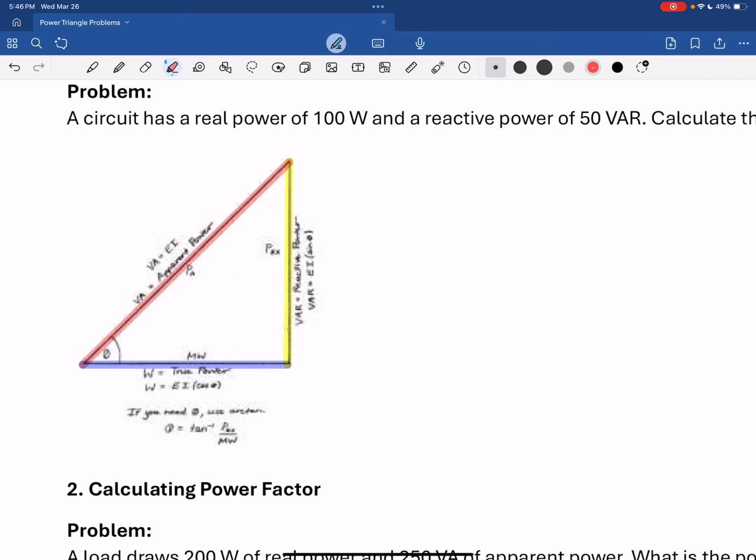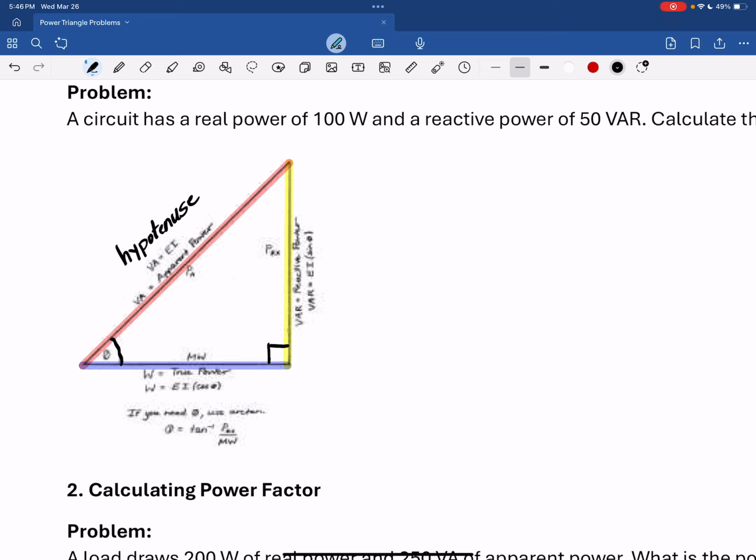So again, we are working with the trig concepts of hypotenuse. Here's the 90-degree angle. So hypotenuse is always across from the 90 degrees. If theta is located here, and we always start with theta, identify where theta is sitting.